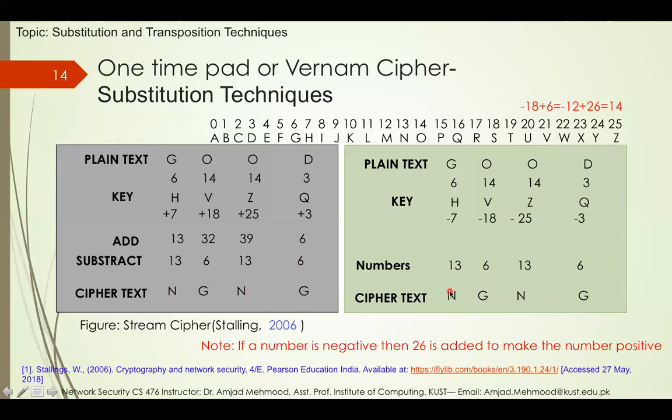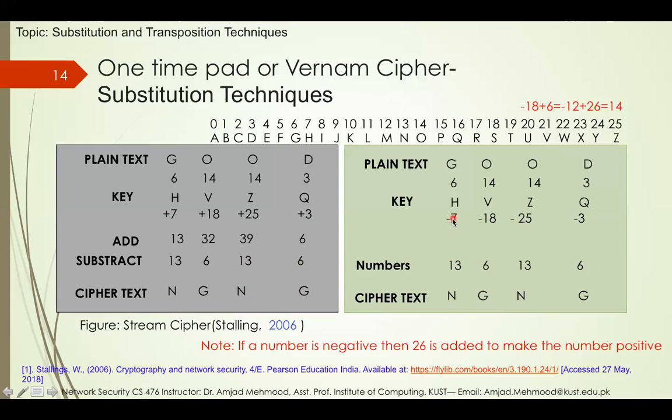When the receiver receives this, he will subtract the key. As you know, in this case we have performed addition, but on the receiver side we are subtracting from each number of the character received.